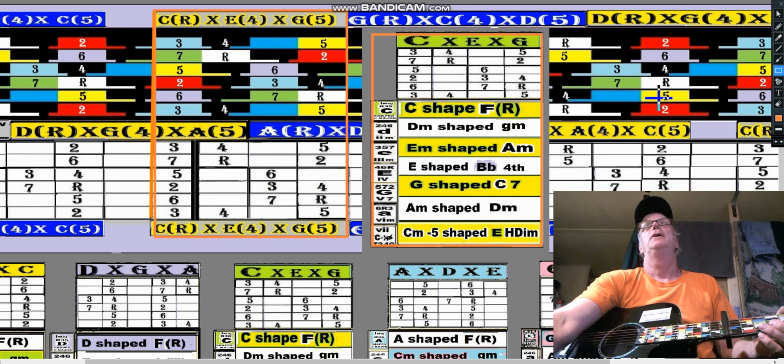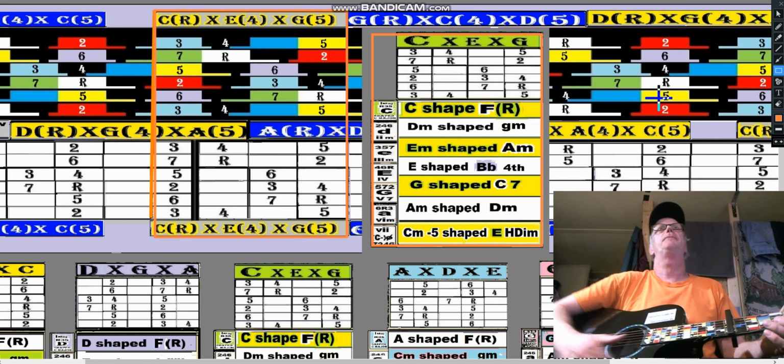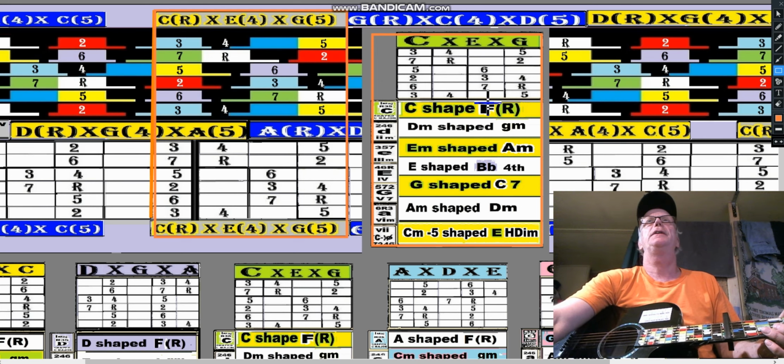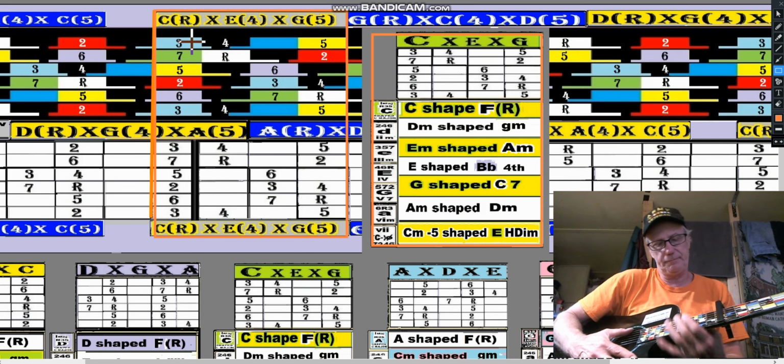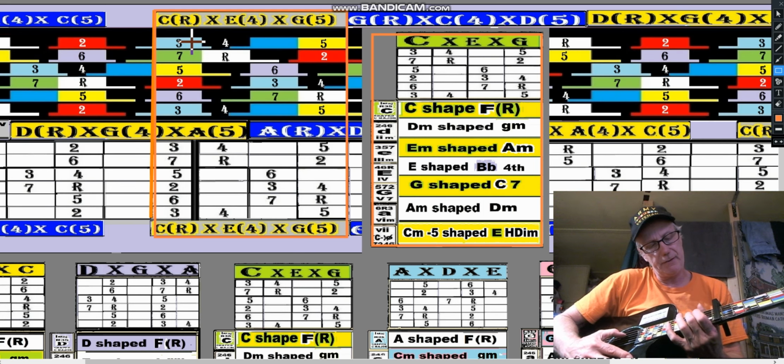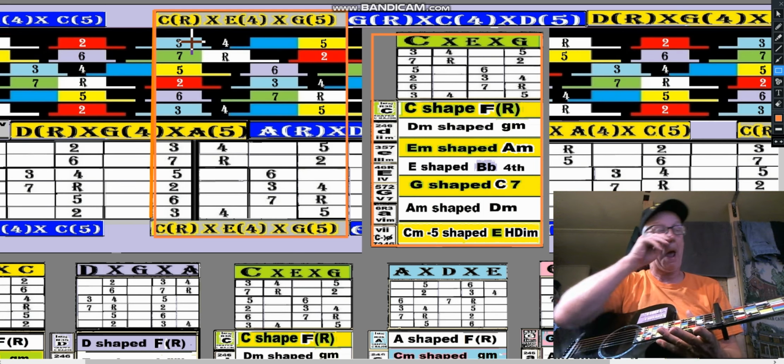Okay, so that's what we're looking at. This is the C box, and these are the modals that go along with it. So we've got a C-shaped F, 5 root 3, 5 root 3, C, F, A, C, F, A.